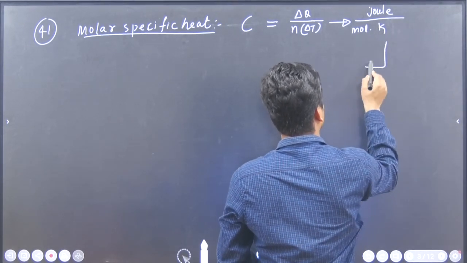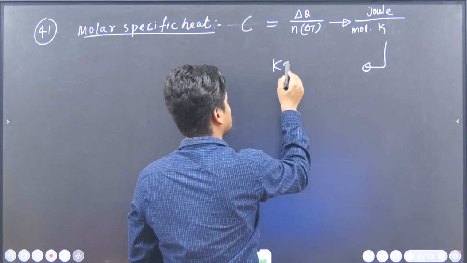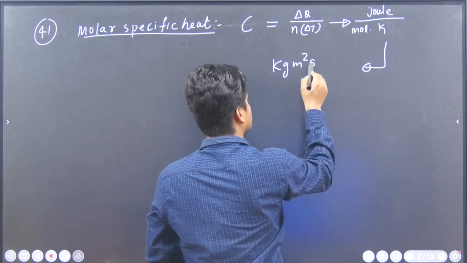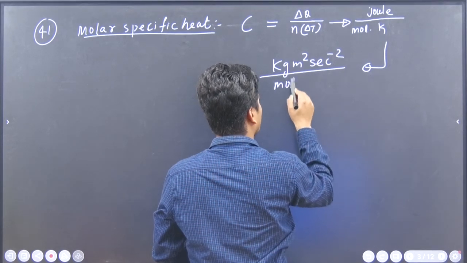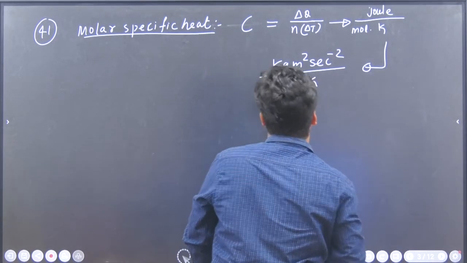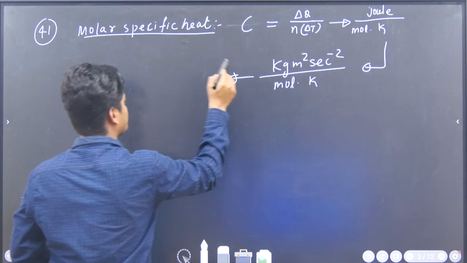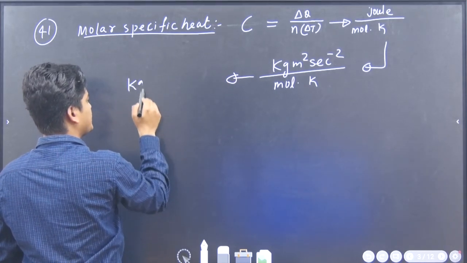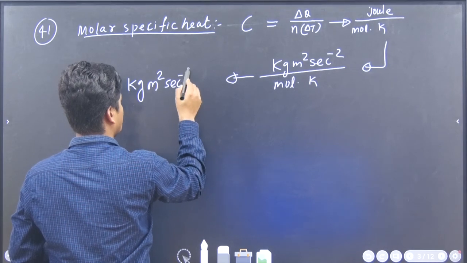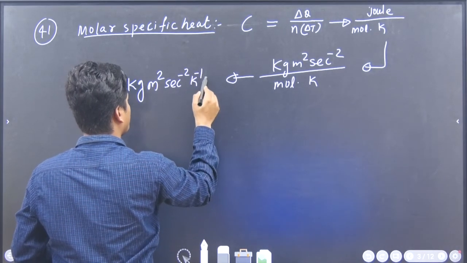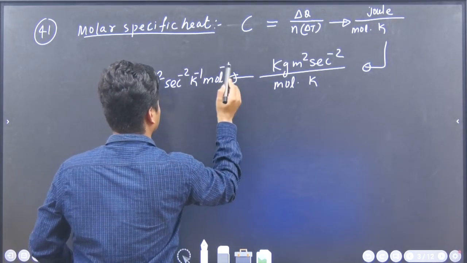So you can write this also as kg meter square second to the power minus 2 divided by mole into Kelvin. If you modify this expression, you can write kg meter square second to the power minus 2 K to the power minus 1 mole to the power minus 1.